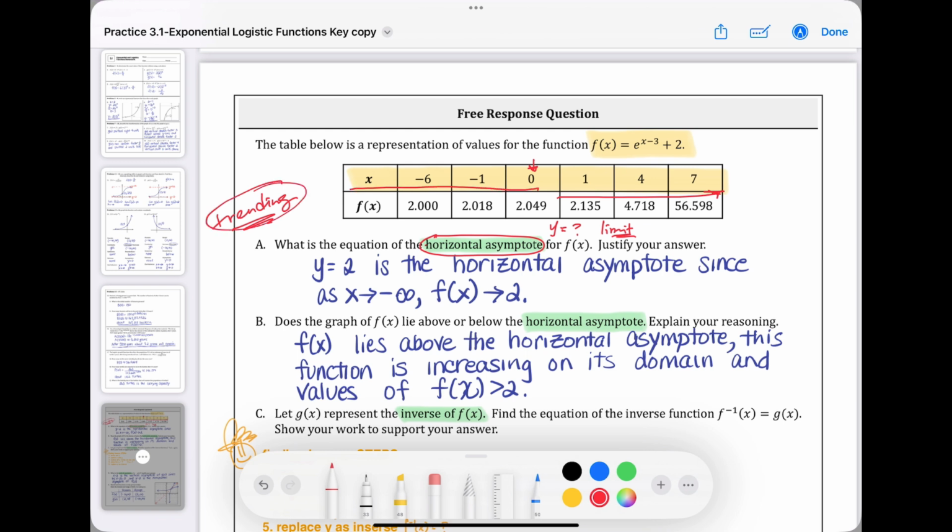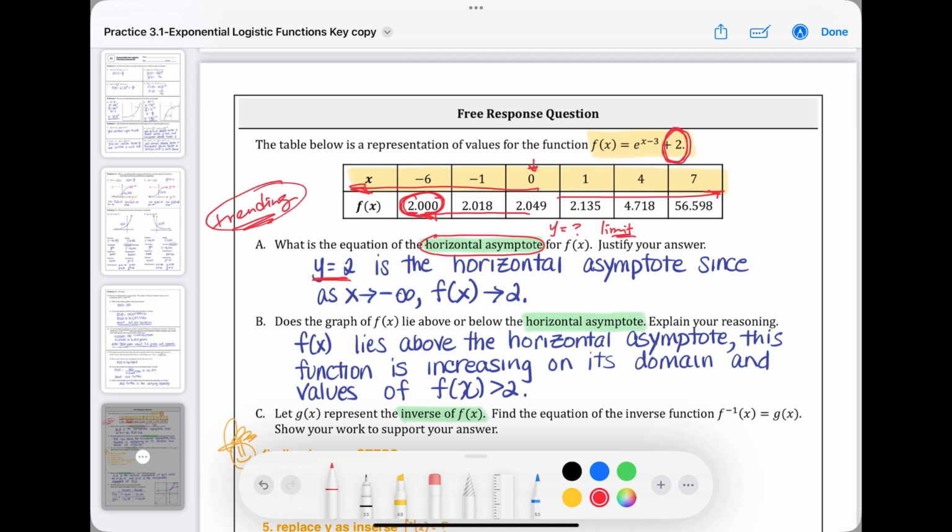But you also see a trend to the left side. As x gets smaller and more negative, my y value gets closer and closer to a particular number. As you can see here, it is 2. So therefore, y equal to 2 is my horizontal asymptote. That is the information we got from the table. As x goes to negative infinity, my function gets closer and closer to the number 2.